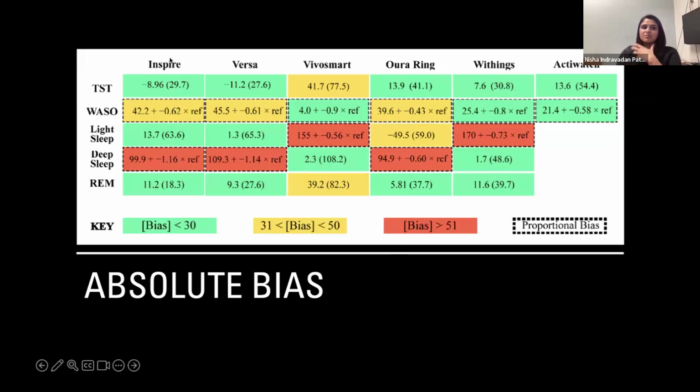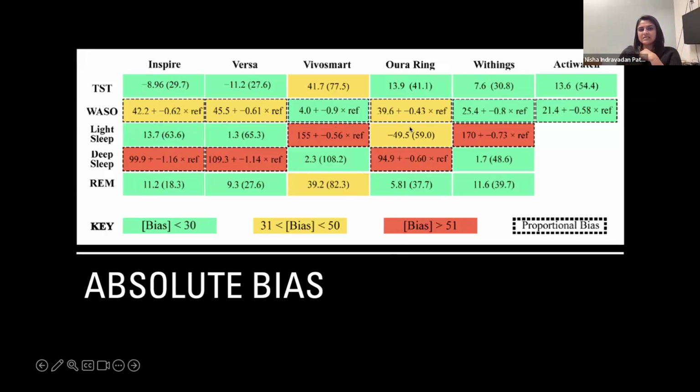So for example, I'll use Inspire as my example here. It was great when it came to evaluating total sleep time, light sleep, and REM, but not so much for wake after sleep onset or deep sleep.